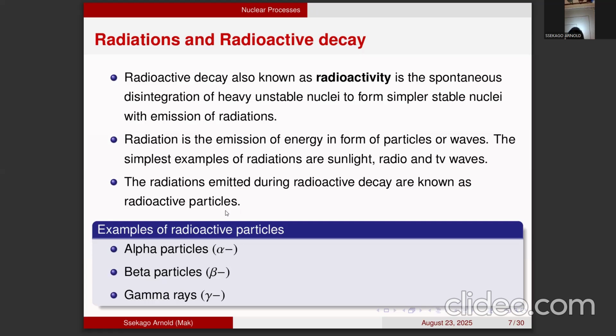They include alpha particles, beta particles, and gamma rays. We are going to explore each of these radioactive particles, their description and their properties. But let me first display something on radioactivity that can help you understand this concept better. Allow me first to pause.